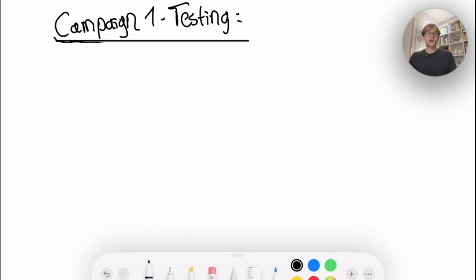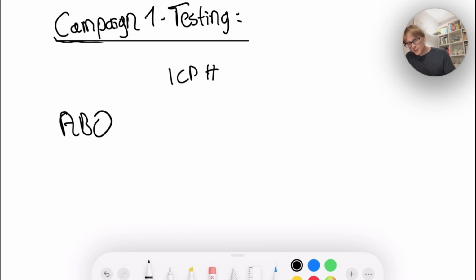So for campaign 1, I generally like to do an ABO, ad set budget optimization, okay? And then I like to do something like persona ad sets. This is a media buying strategy where we're going to do an ad set for ICP1, another ad set for ICP2, and another ad set for ICP3, okay?